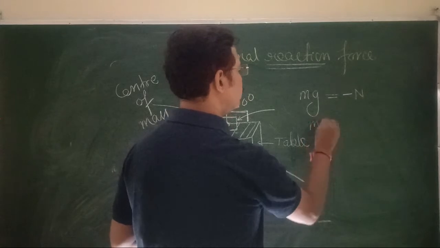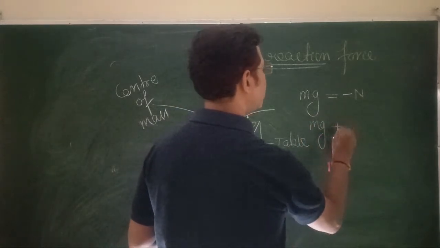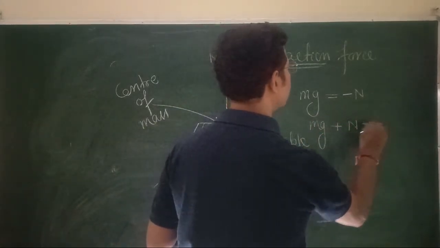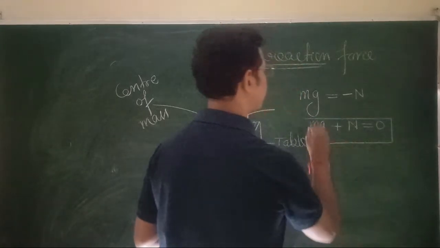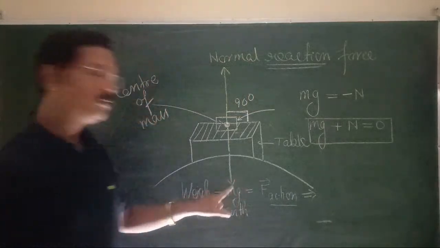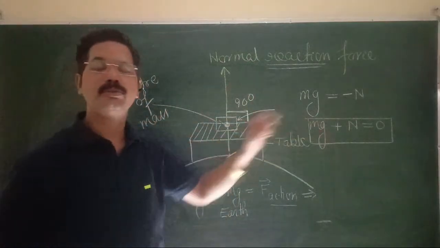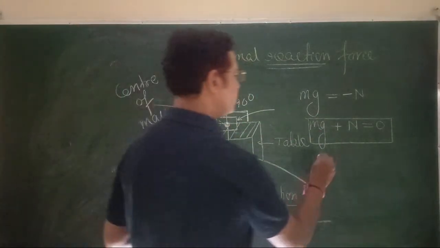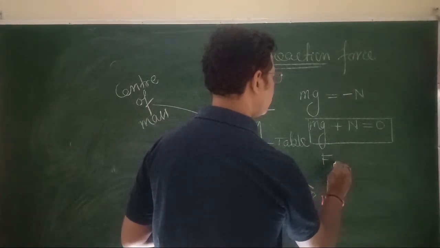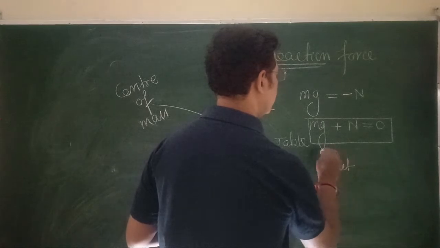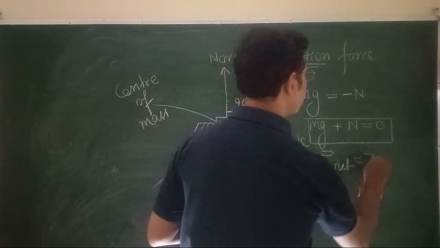Again you can write mg plus N is equal to 0. So what does it indicate? The sum of these forces is 0. It means the net force is 0.